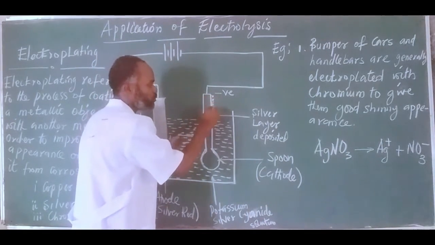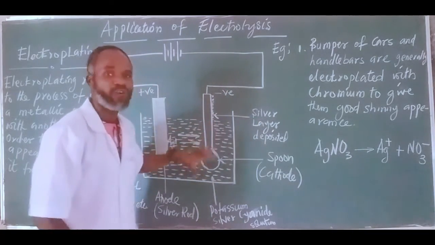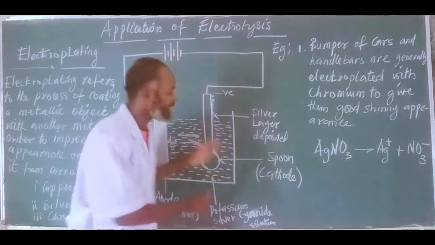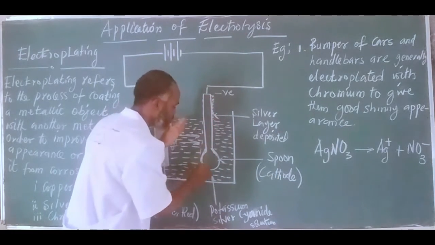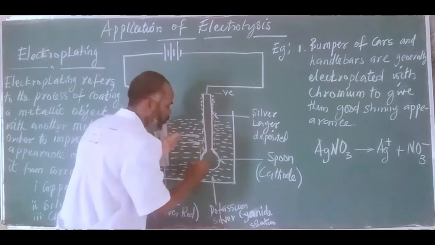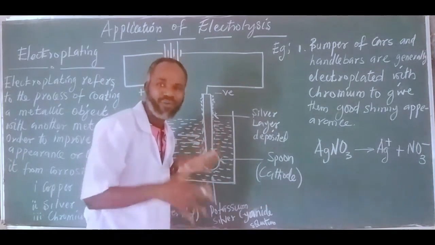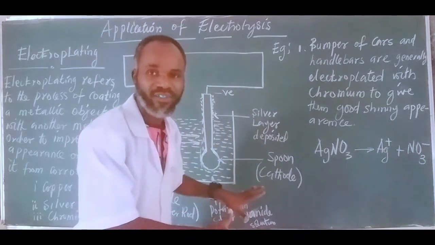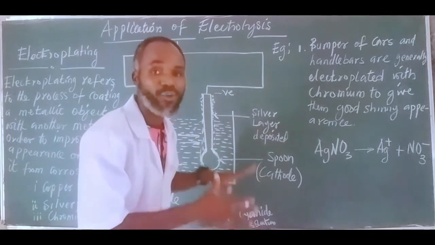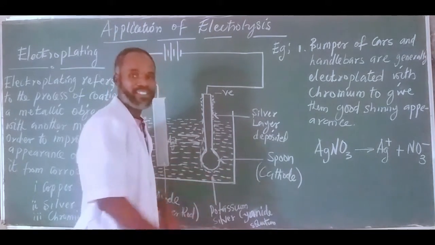They deposit on the spoon as a silver layer. As that continues for a long time, the entire spoon is now coated with a silver layer. That's what happens. And the process of doing this is known as electroplating. That's what we have learned this moment.